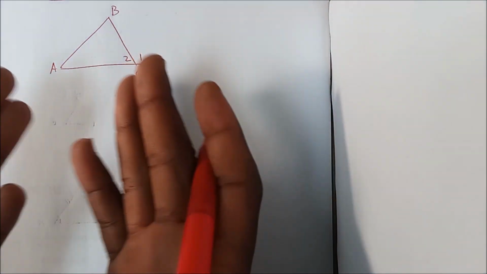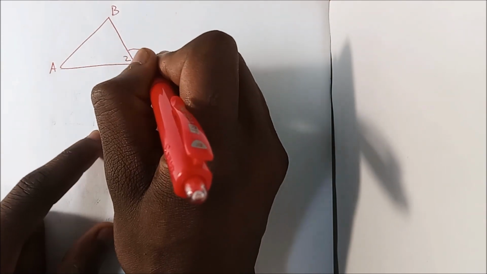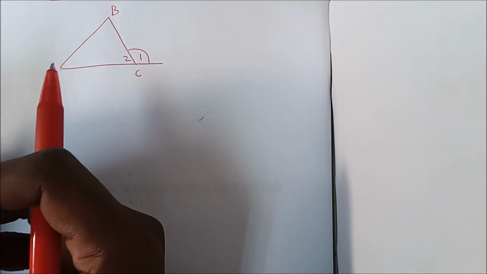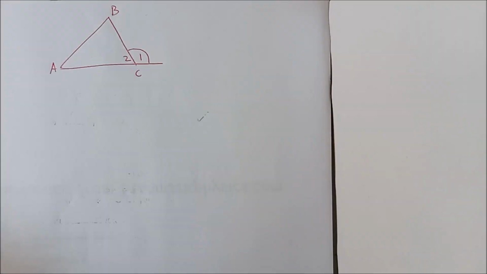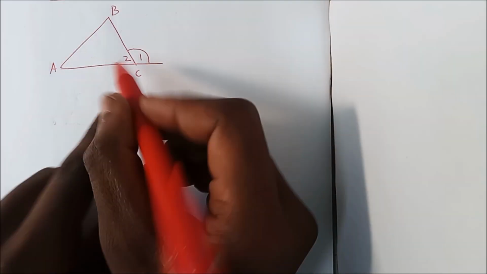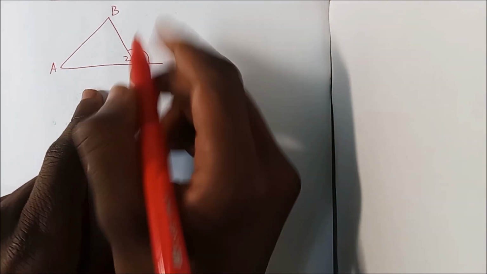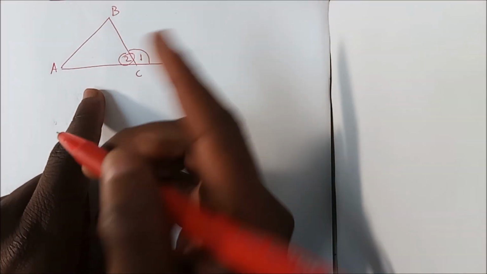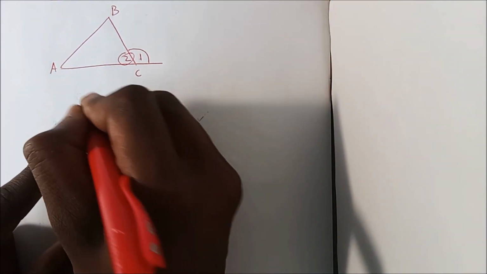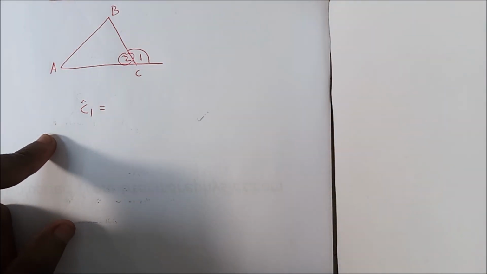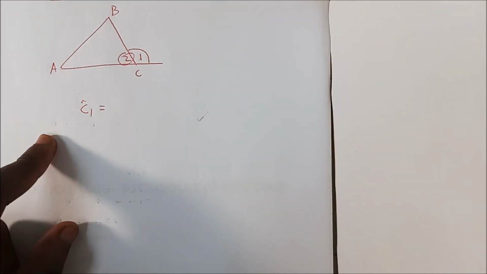Which one is outside here? It's C1. It is equal to the 2 that are inside, but not the one that is next door. So if you look at C1, what is next door to C1? It's C2. So now I am saying the one that is outside, C1, is equal to the 2 that are inside, but not the one that is next door.